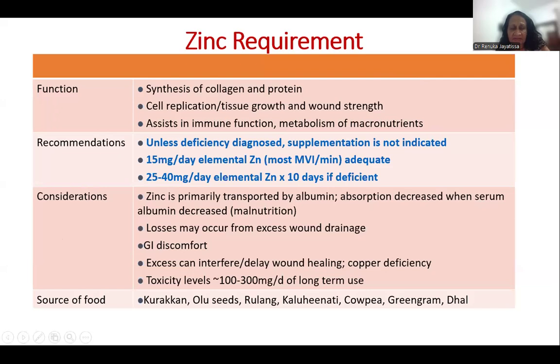Sometimes you also get GI discomfort, and at very high doses you can get toxicity, but usually we don't go for such high supplementation. For food sources, I will give you some unfamiliar foods, like kurakkan, olu seeds, rulang and kalu, the traditional rice varieties, and then cowpea, green gram, and dal, all of which contain zinc. So people can get zinc from food without any problem. Next one.